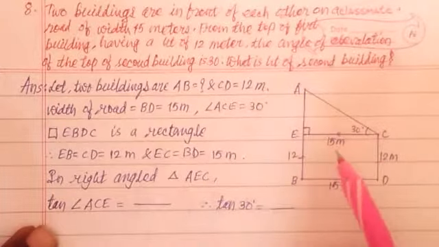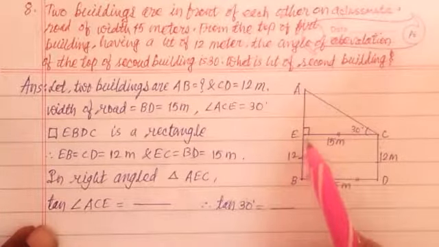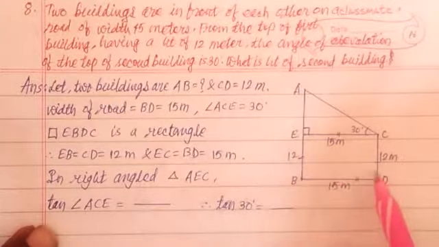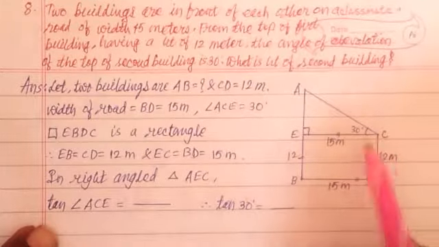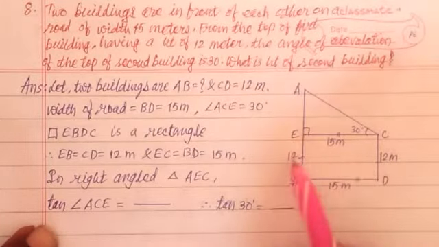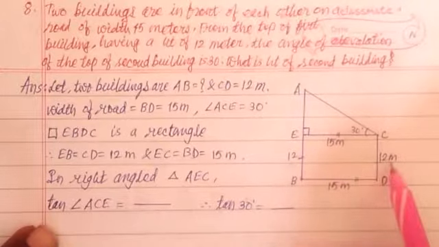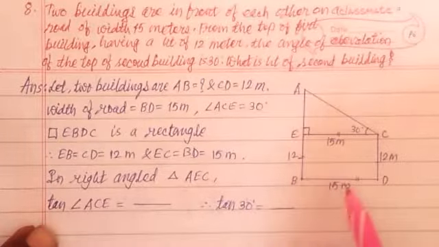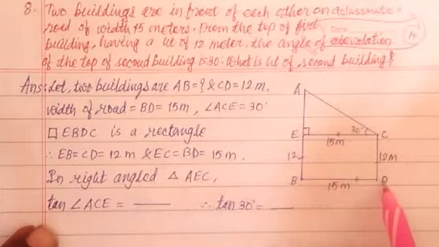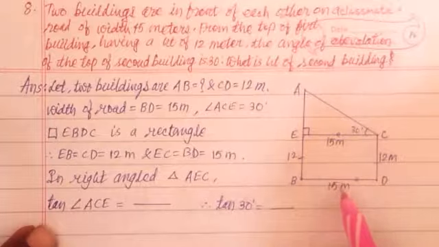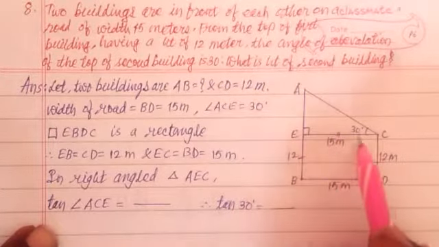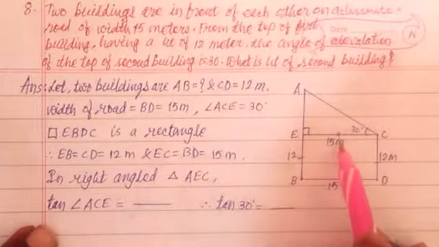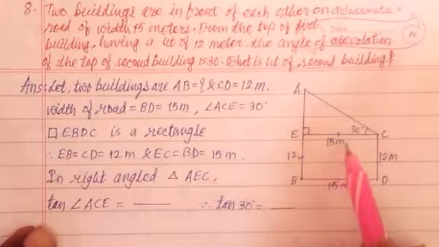Now here quadrilateral EBDC is a rectangle, means opposite sides are equal. CD is 12 meter and hence EB is also equal to 12 meter. BD is equal to the width of the road, 15 meter, and hence EC also becomes 15 meter.